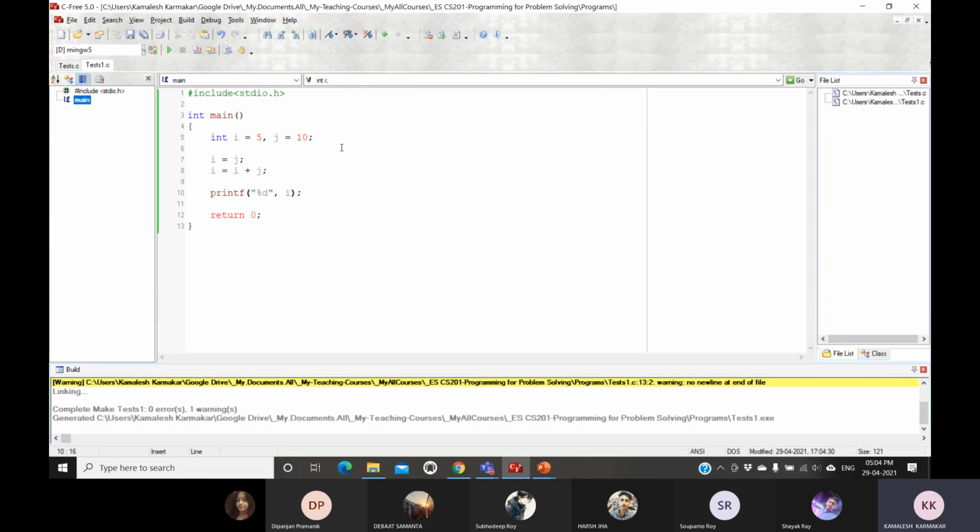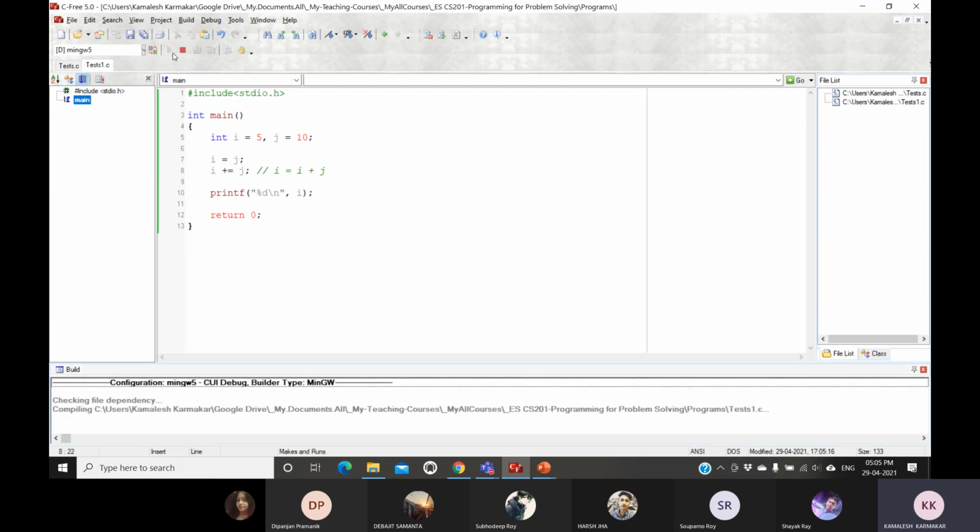Sometimes we can reduce this. So i equals i plus j is equivalent to i plus equals j. It is basically the same, and again the value will be 20.